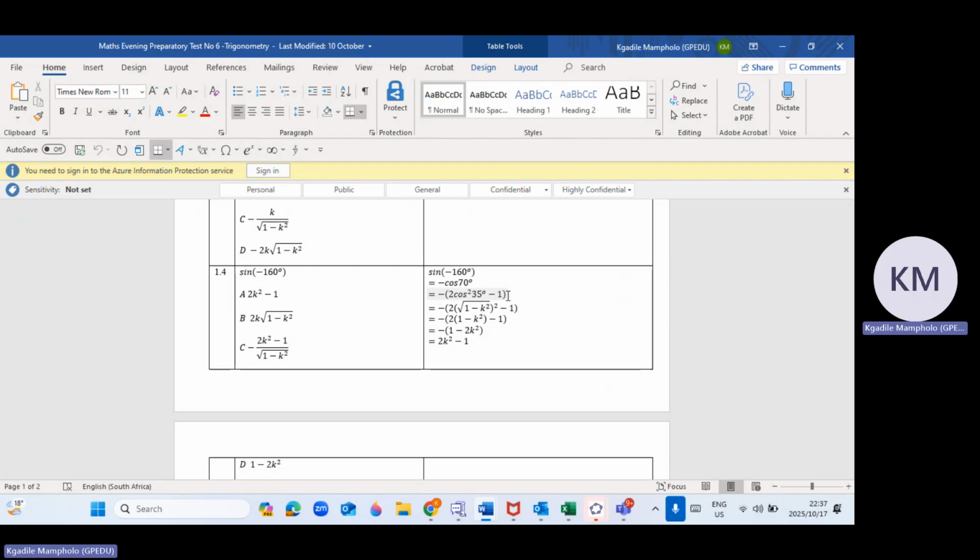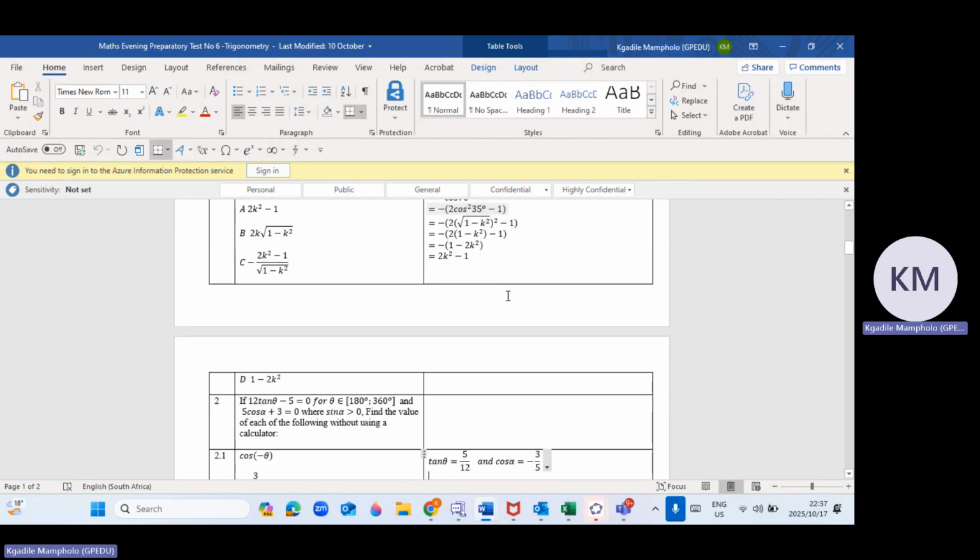You can say cos squared 35 minus sine squared 35, or 2 cos squared 35 minus 1, or 1 minus 2 sine squared 35. They will give you the same answer, because the expansion of cos is in three ways. Any one of them will give the answer 2k squared minus 1.